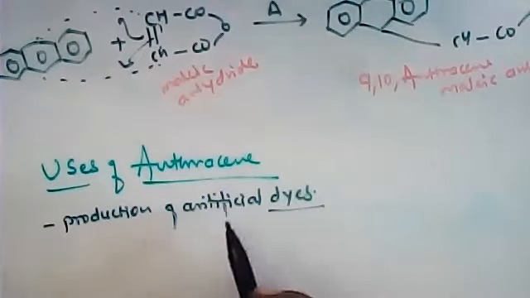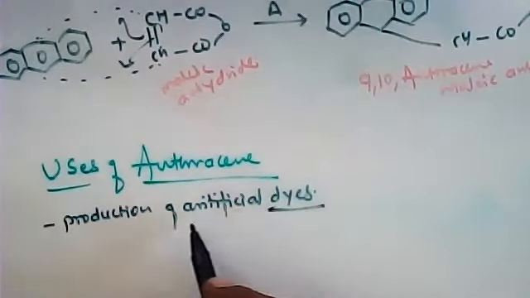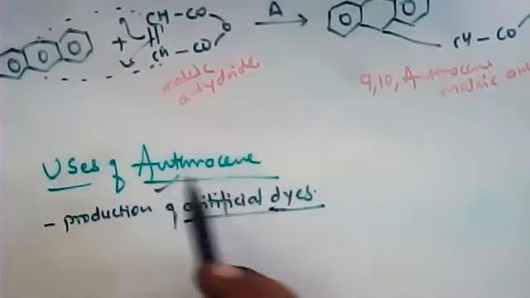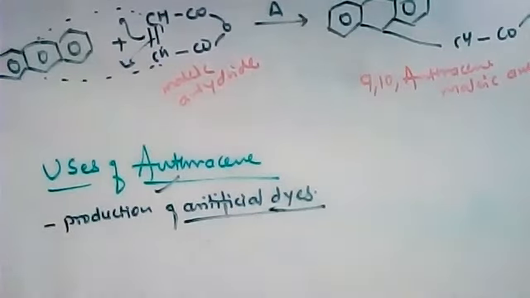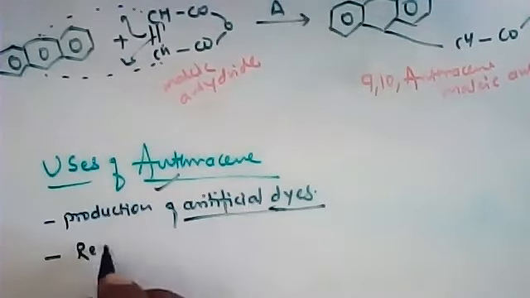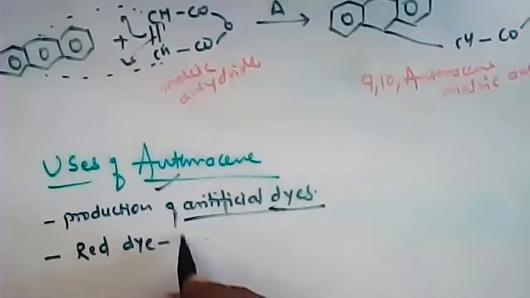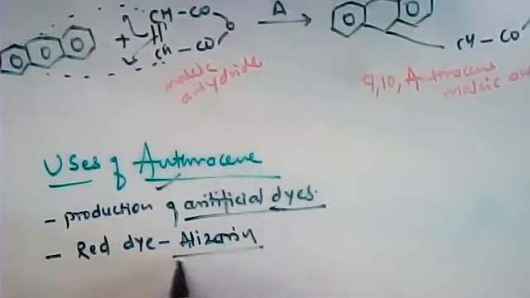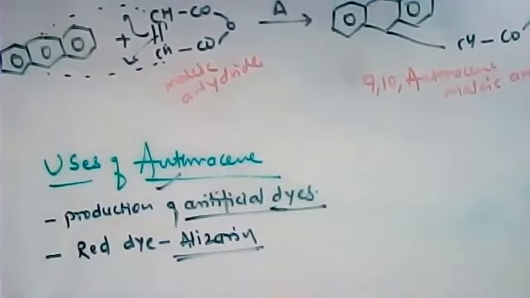For that, we need dyes, and anthracene can be used for the production of these dyes. In particular, anthracene is used in the production of a red dye, alizarin.